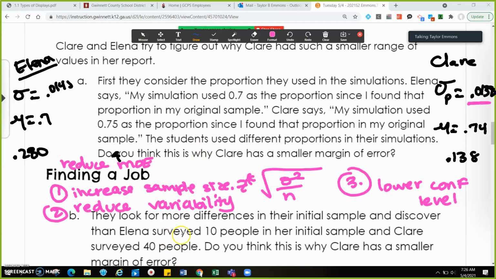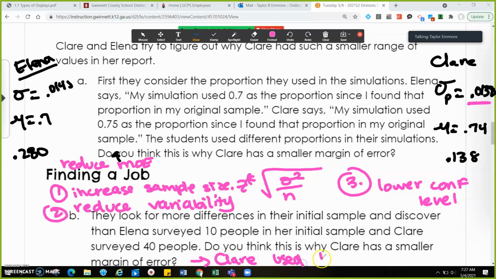So they looked for more differences in their initial sample and discovered that Elena surveyed 10 people in her initial sample and Claire surveyed 40 people. Do you think this is why Claire has a smaller margin of error? Okay, we just talked about this.